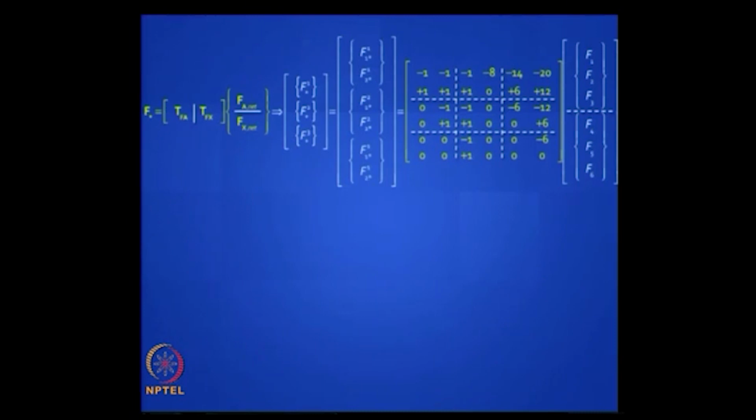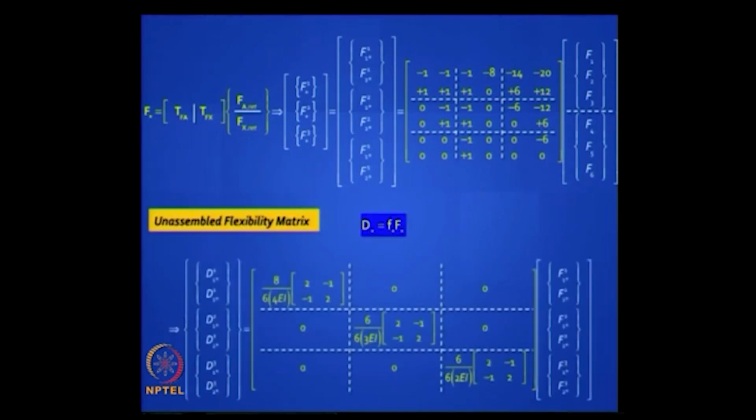The flexibility matrix. Yes, so earlier we had a 2 by 2. Now we have a 3 by 3. By the way, when I say 3 by 3, it is actually 6 by 6, because each of those elements has a 2 by 2 matrix.